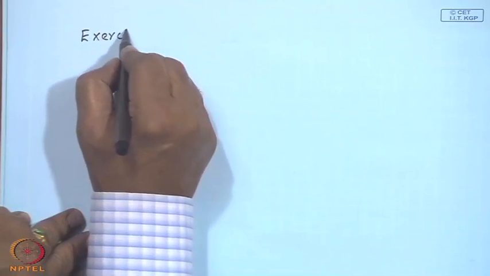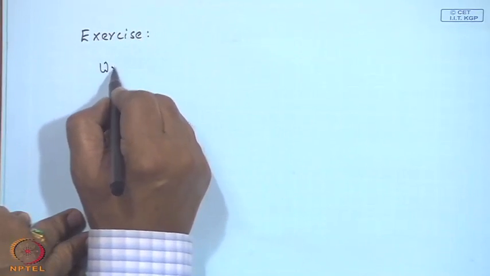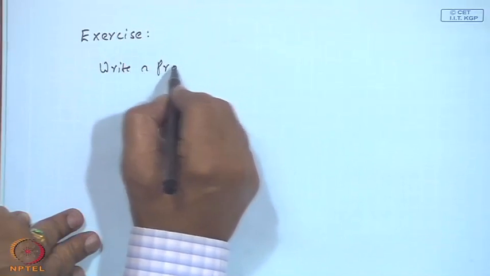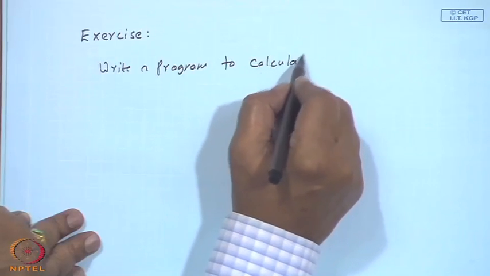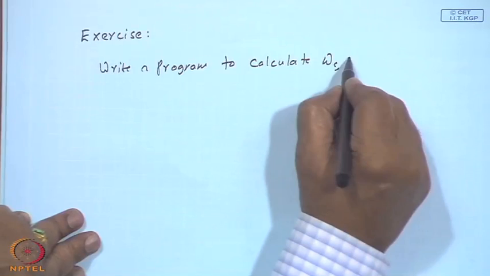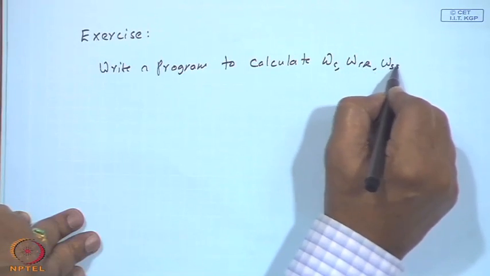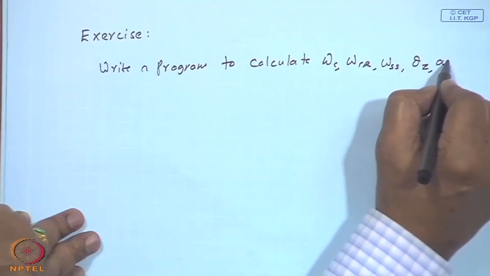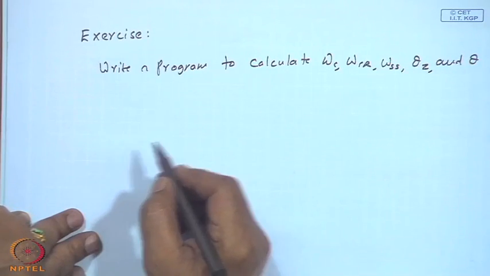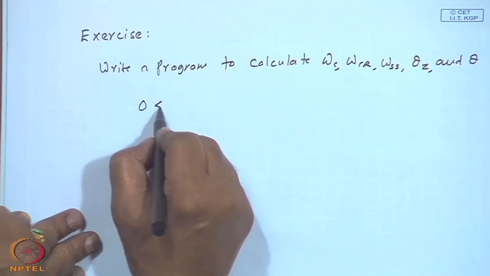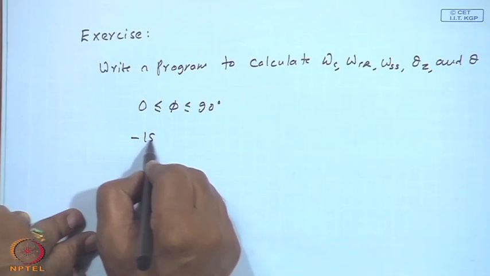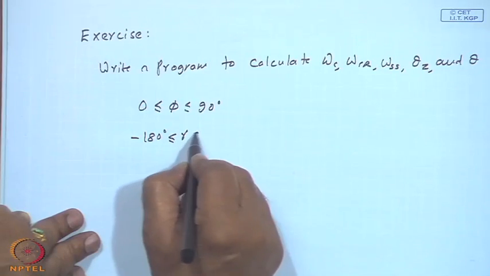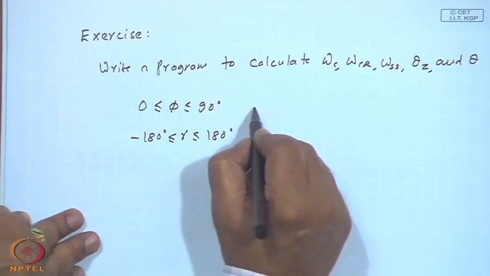Then, I will leave it as an exercise: write a program to calculate omega s, omega s r, omega s s, theta z and theta, in the latitudes 0 less than or equal to phi less than or equal to 90 degrees and gamma from minus 180 to plus 180.